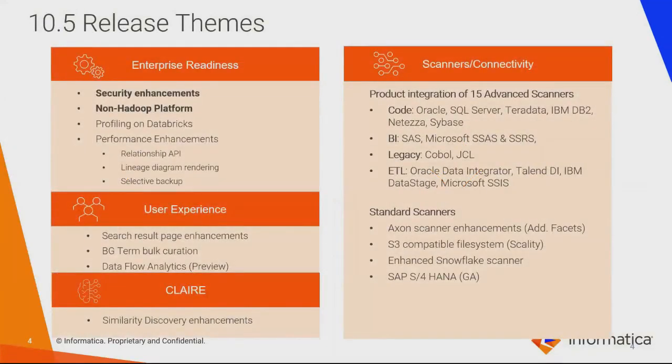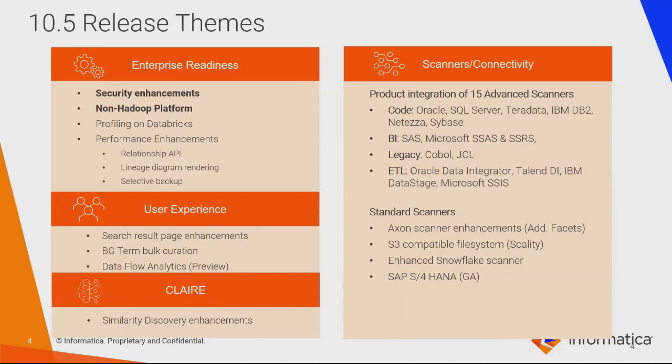So in the 10.5 release, you would have 15 advanced scanners which are coming in. These are code-based scanners, BI, legacy, ETL scanners. For those who are not very familiar with advanced scanner capability, this is basically the capability that has come to Informatica post the acquisition of a Polish organization called Compact BI.